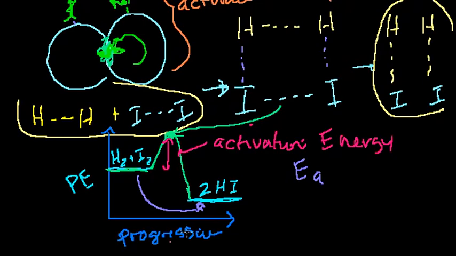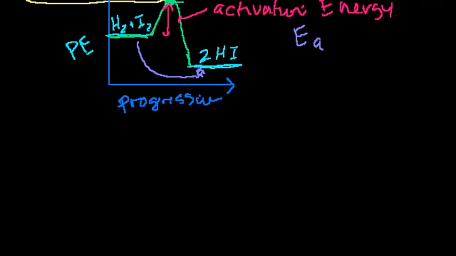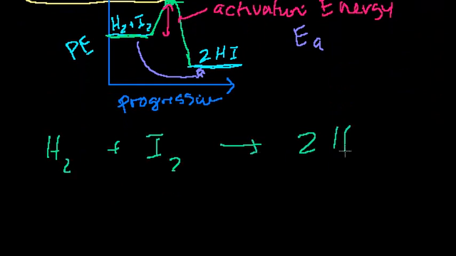So right now we have H2 plus I2 yielding 2 hydrogen iodides. Now, you could have a catalyst, and I'll just say plus C. I actually don't know what a good catalyst would be for this reaction. And how a catalyst operates, it can operate in many, many different ways, so that's why I don't want to do it in this video.